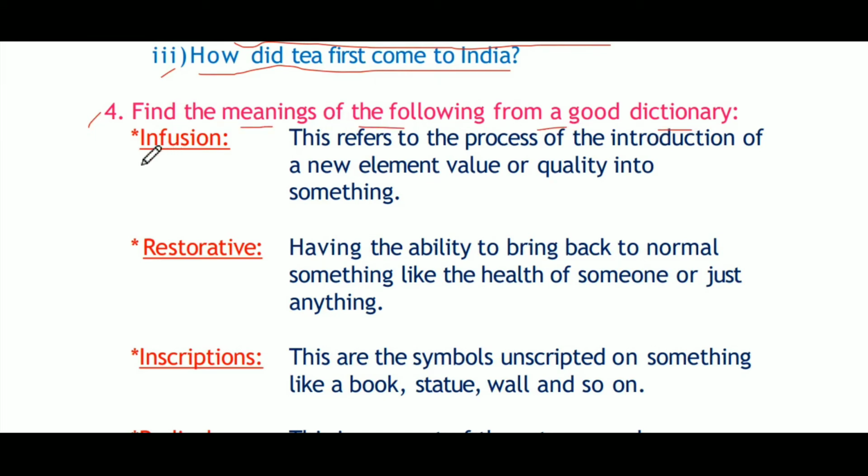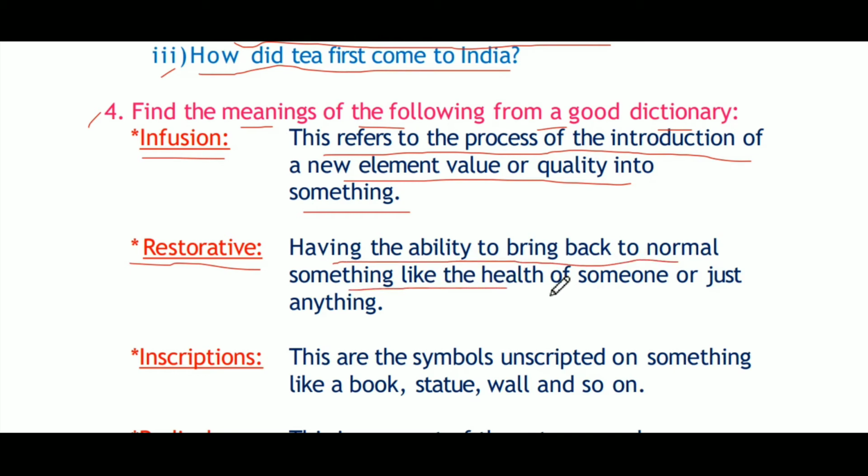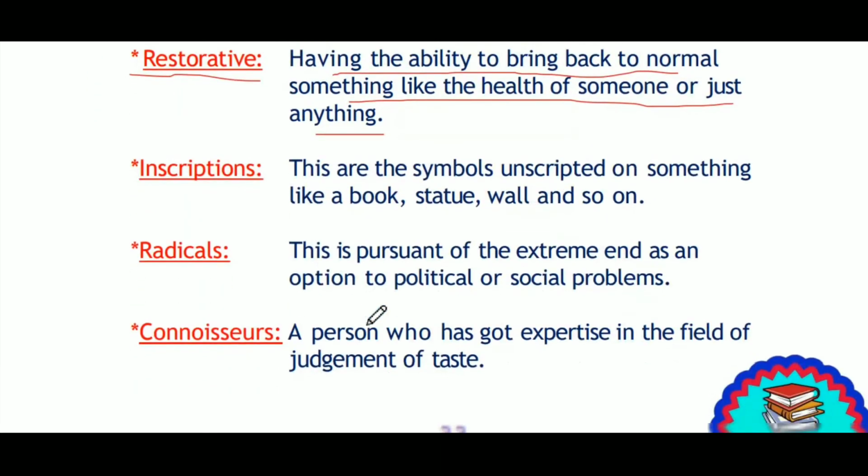First is infusion. This refers to the process of the introduction of a new element, value or quality into something. Second, restorative. Our meaning is having the ability to bring back to normal something, like the health of someone or just anything. Next word is inscriptions.